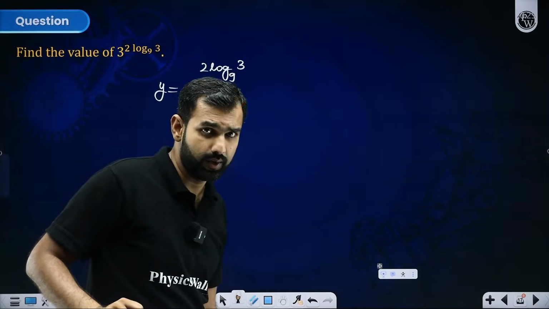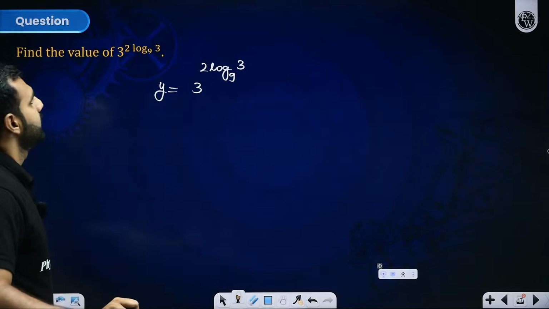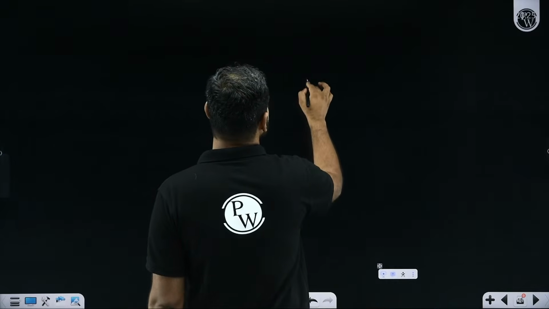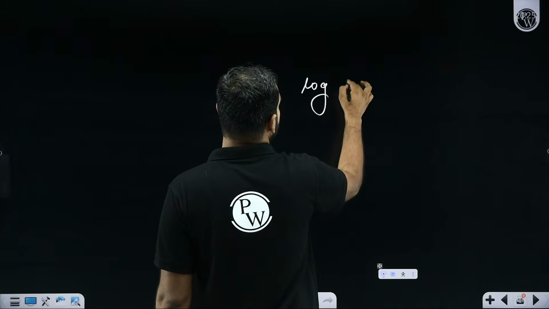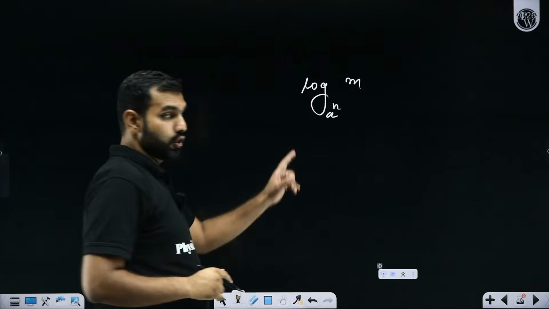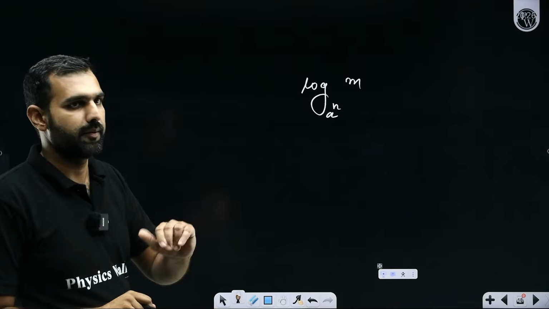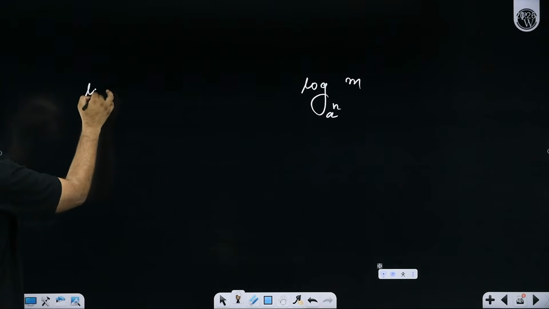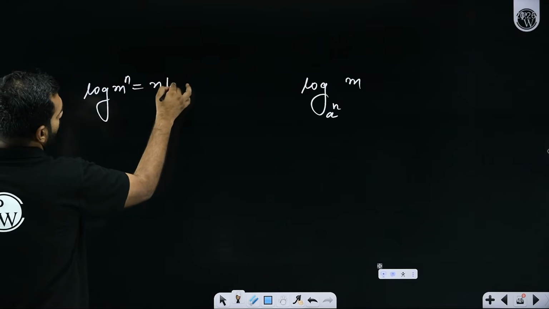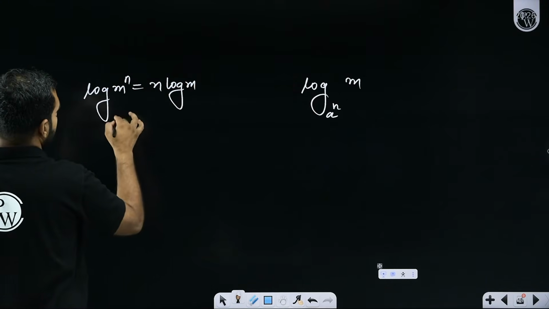Yes or no, everyone? Now, sir, there is one more property, of logarithm. Before I discuss this, I hope you all know this property: log of m to the power n is always written as n log m at the same base.